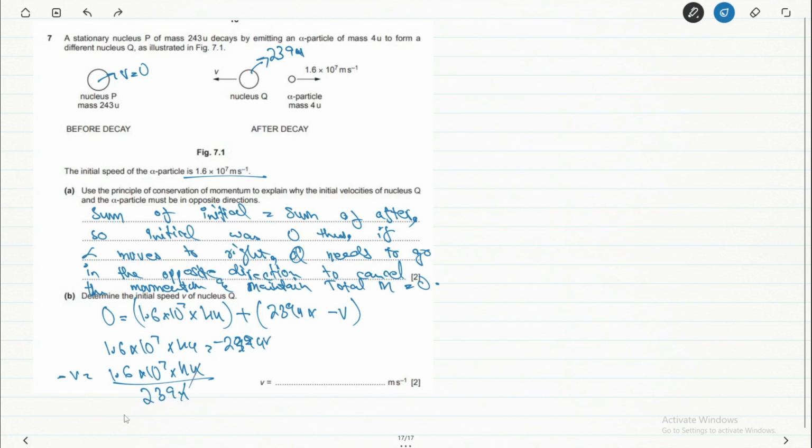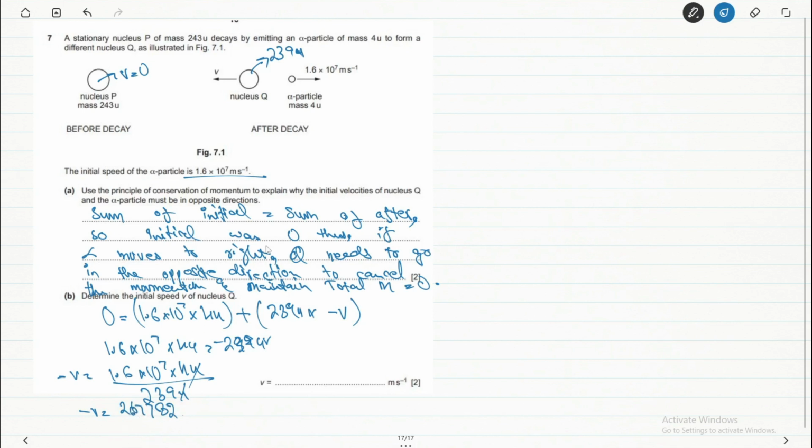Just calculate this. Now after rounding off, let's just write it like it is: 2, 6, 7, 7, 8, 2, and some decimal places.